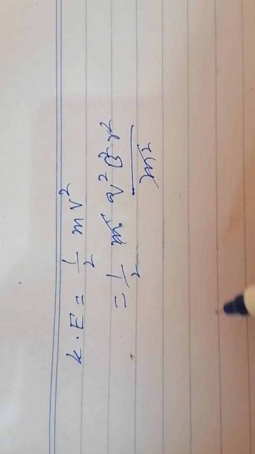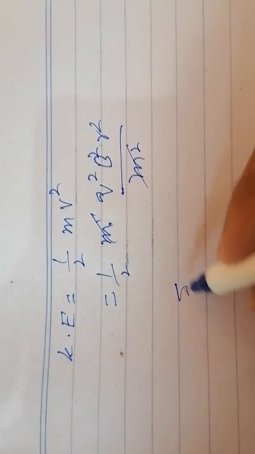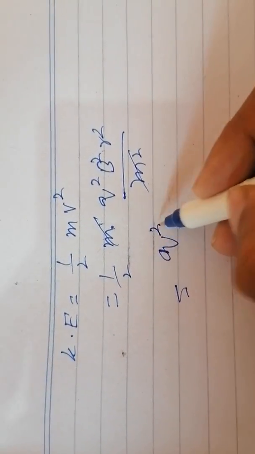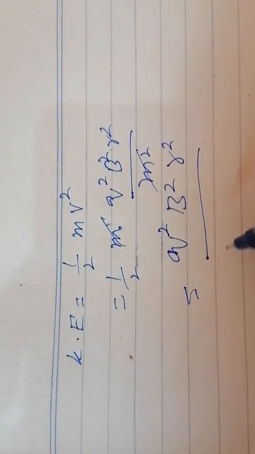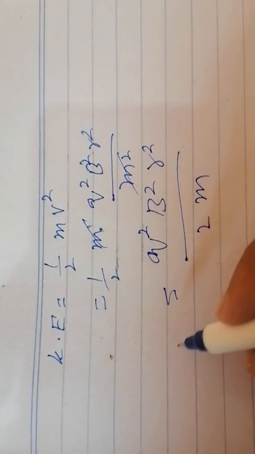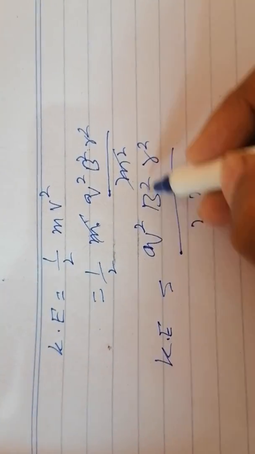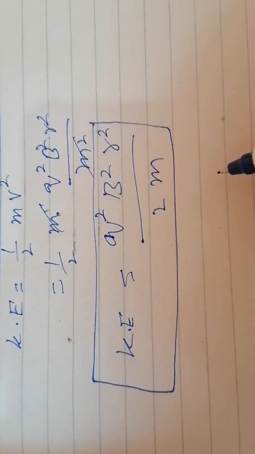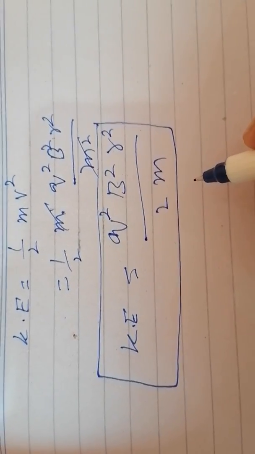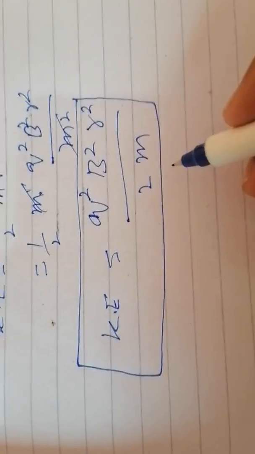One m cancels, and the remaining expression is the kinetic energy of the charged particle.